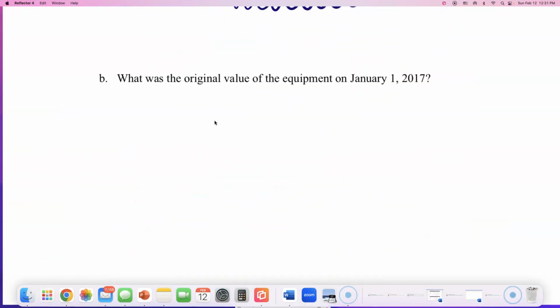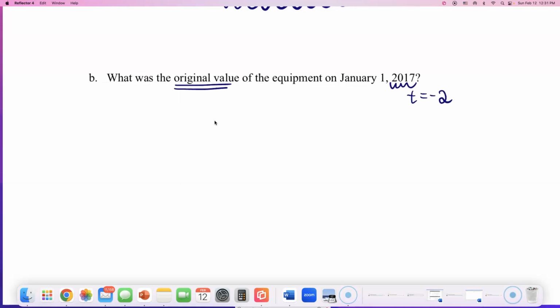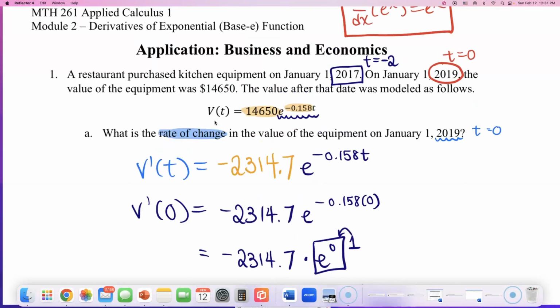Part B is asking for the original value of this equipment in 2017. And like I said, I'm going to plug in t equals negative 2. They're asking for the original value. They're not asking for the rate of change in value. So we're just going to use that value function they gave us in the beginning, okay?